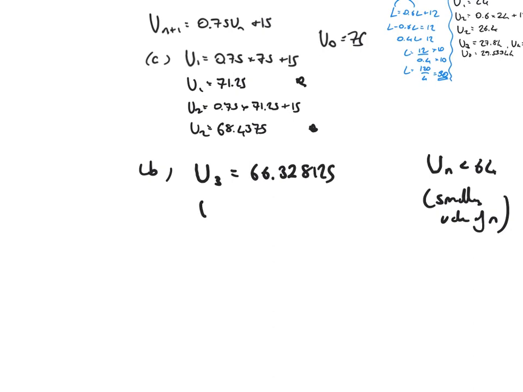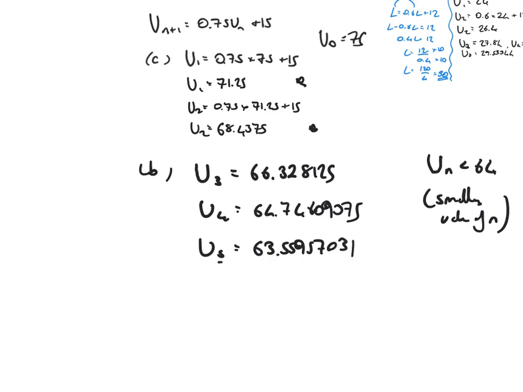Just repeat this process. u4 is 64.74609375. u5 is equal to 63.55957031. Now we can see crucially that at u5 we've drifted below 64 and n is equal to 5.